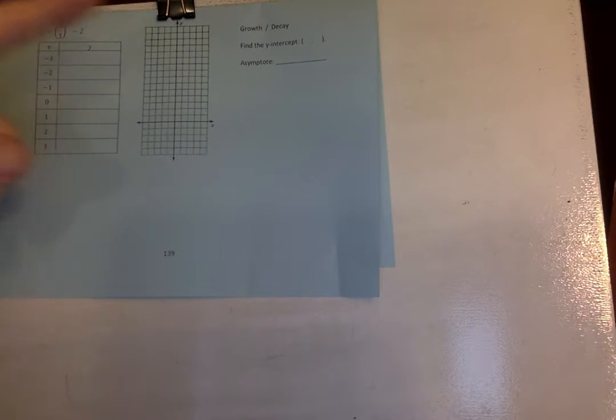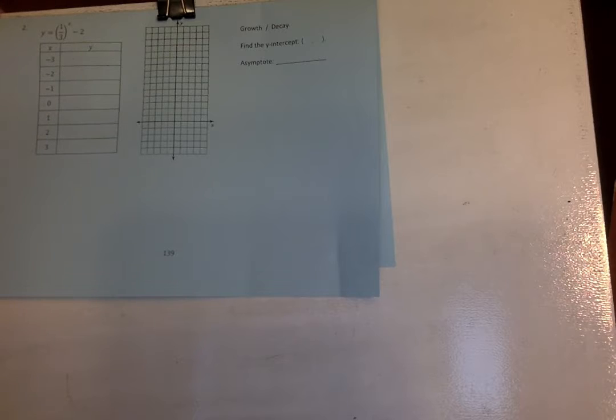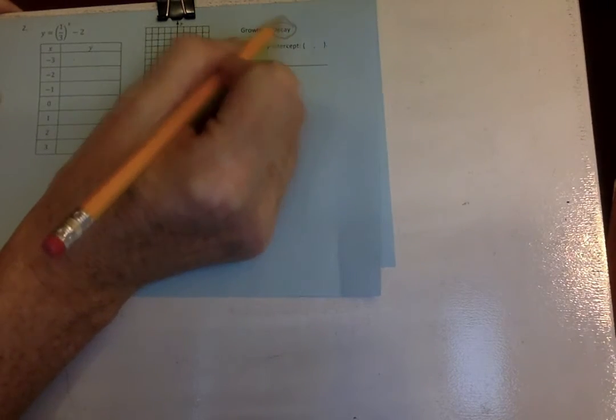So here we have y equals 1/3 to the x minus 2. So if the number is 1/3, is it going to be a growth or decay? I can't hear you. Okay, remember if it's between 0 and 1, it should be a decay.